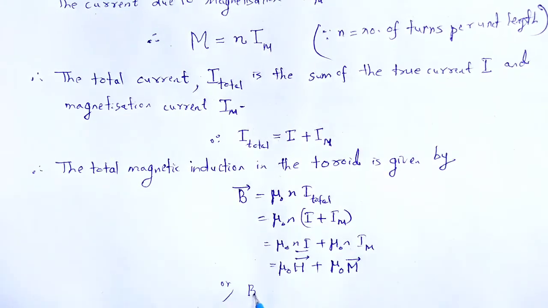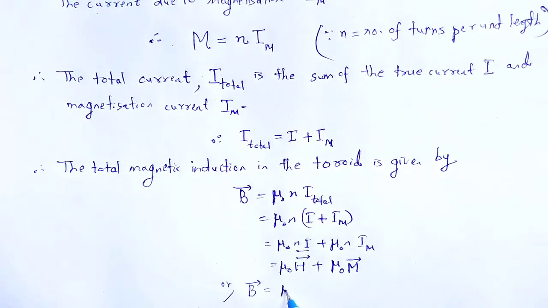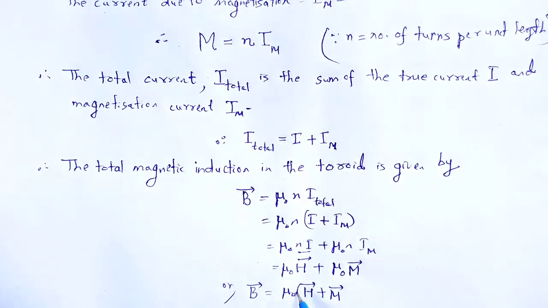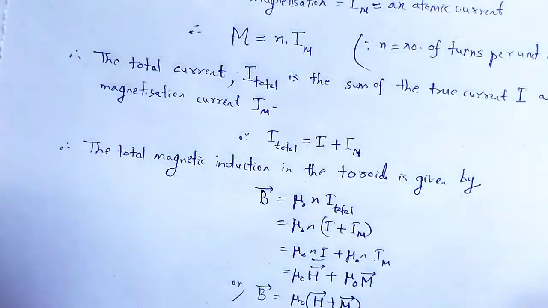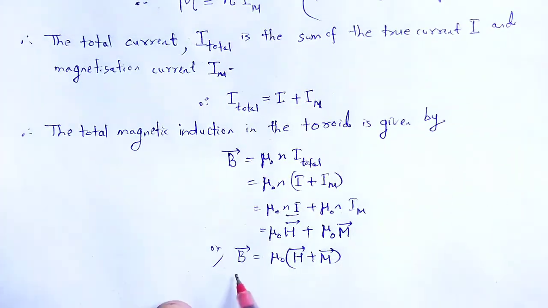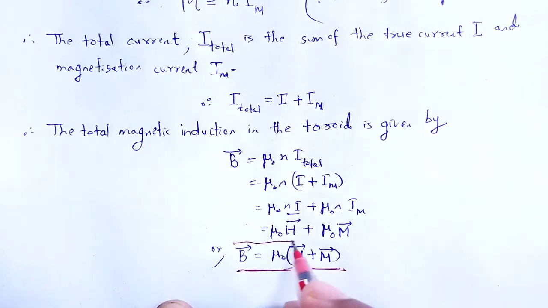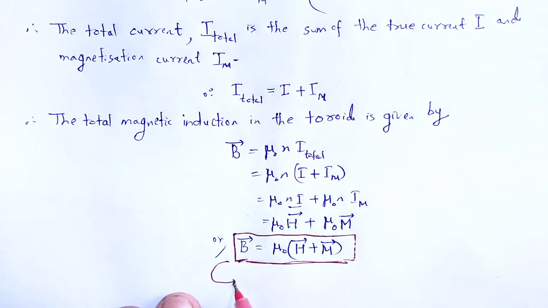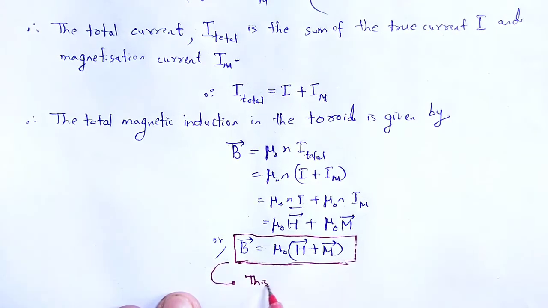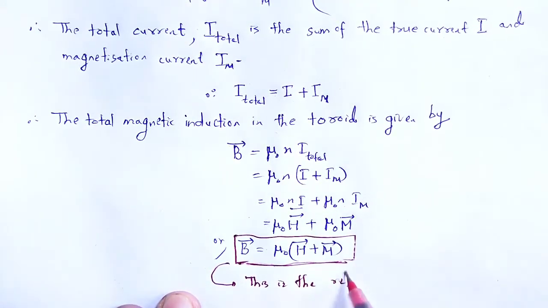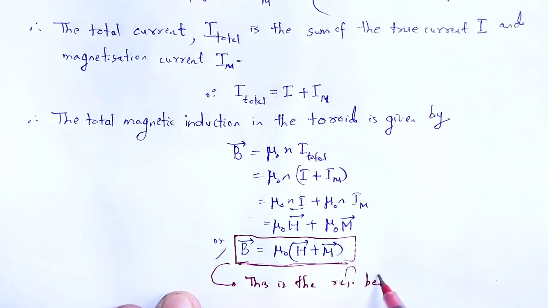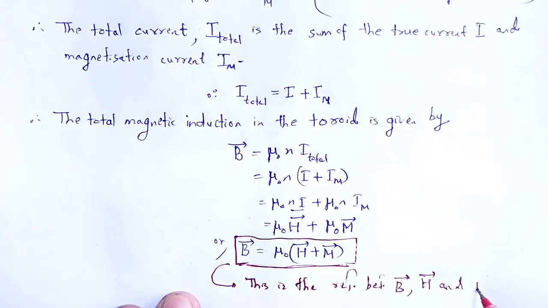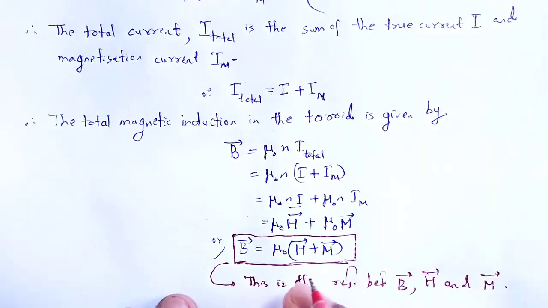Therefore, B vector is equal to mu naught, taking common, H vector plus M vector. This is the relation between B vector, H vector and M vector, the three magnetic vectors.